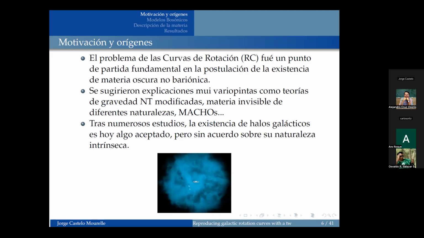Other people suggested that maybe there were big compact objects that we were not seeing. Many theories. But then people studied more and more data, and they realized that what we were missing was a halo, a kind of spherical halo composed of we don't know what, but that we could not see. This was the amount of matter making the galaxies move like that, and also the matter around the galaxies moving like that. And many theories emerged with that.